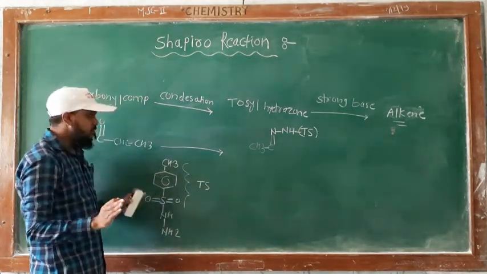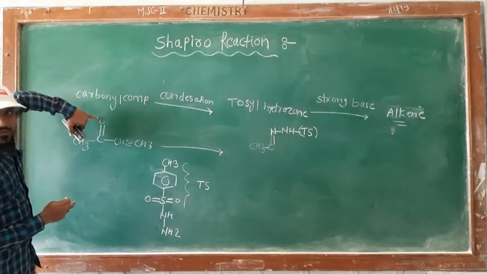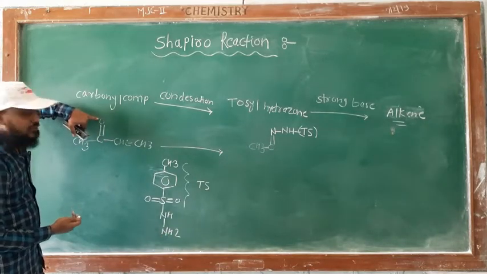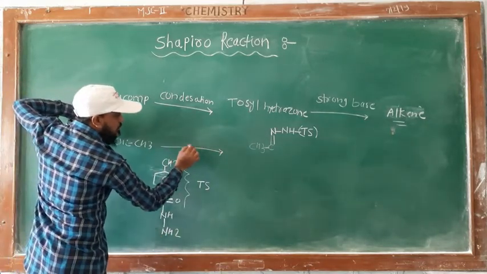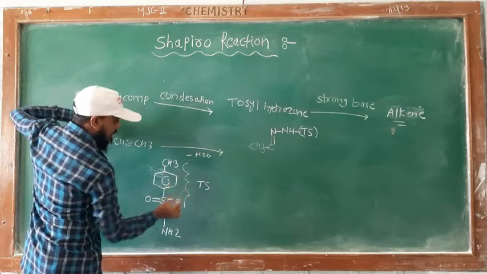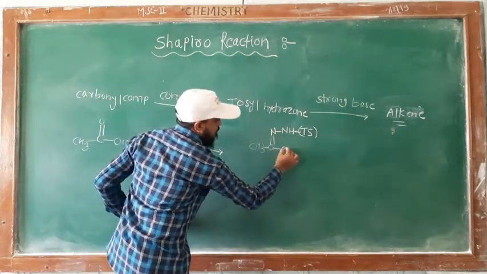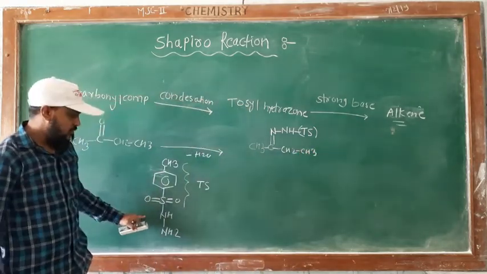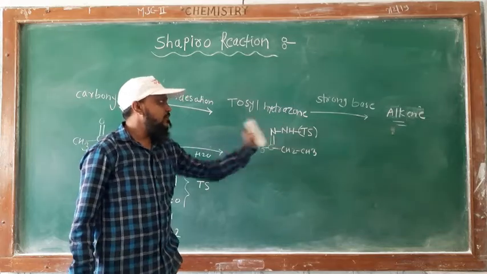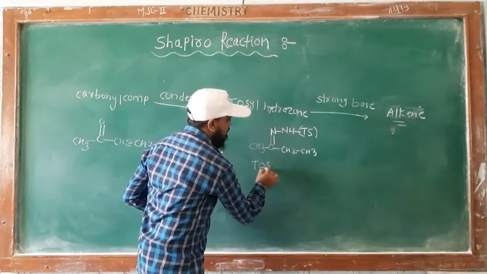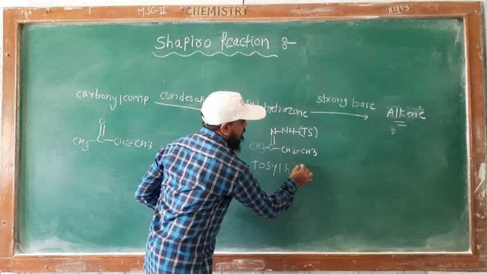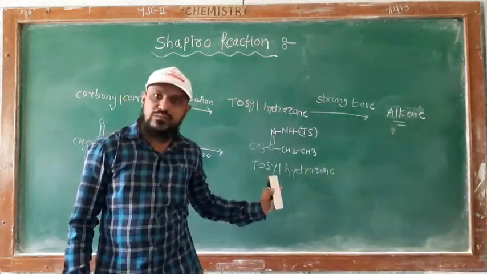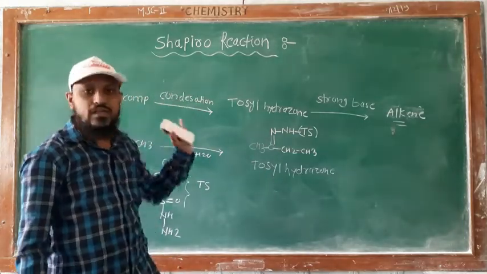Simply, the oxygen of the carbonyl group and two hydrogens from the NH2 are removed as a water molecule, and we get this compound, called tosyl hydrazone. This is the actual substrate molecule of the Shapiro reaction.